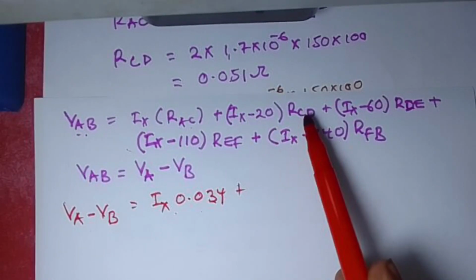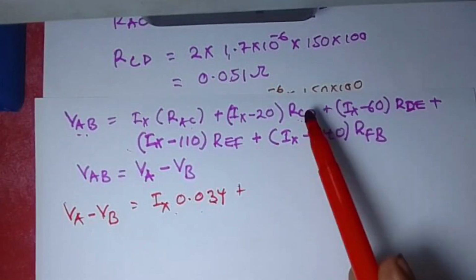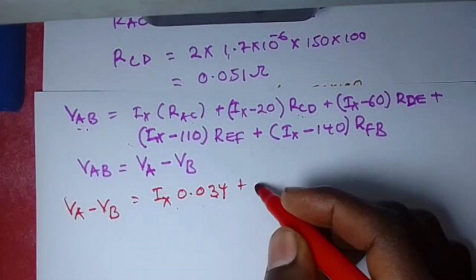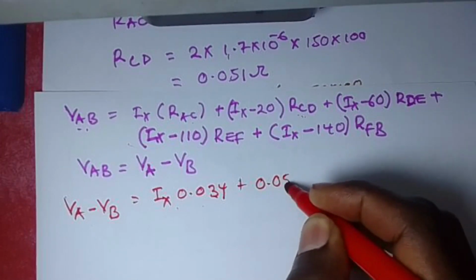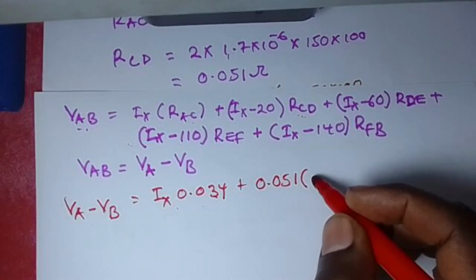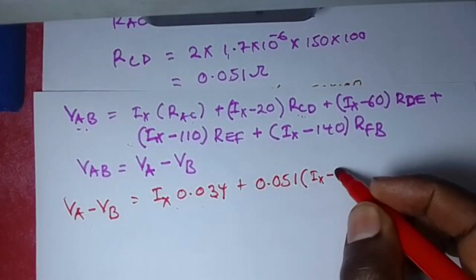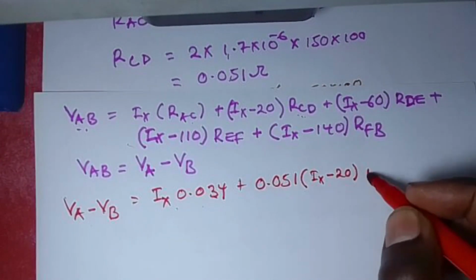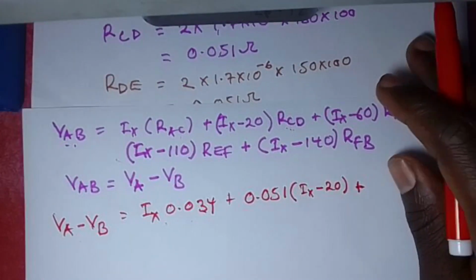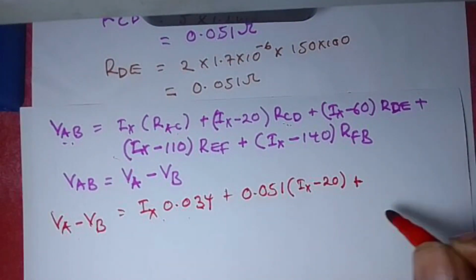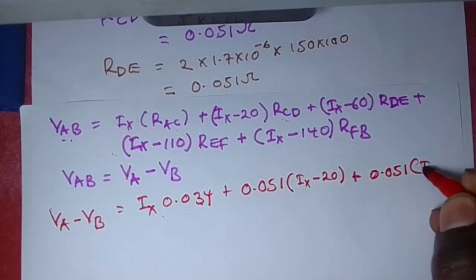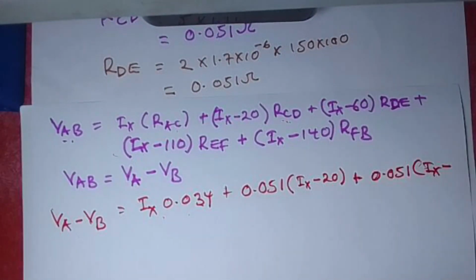Now similarly, we are going to pick the value for RCD, which we calculated to be 0.051. So it will be 0.051 times the value of the current flowing there, which is Ix minus 20. So this will be plus RDE. Our RDE value is still 0.051 times Ix minus 60.